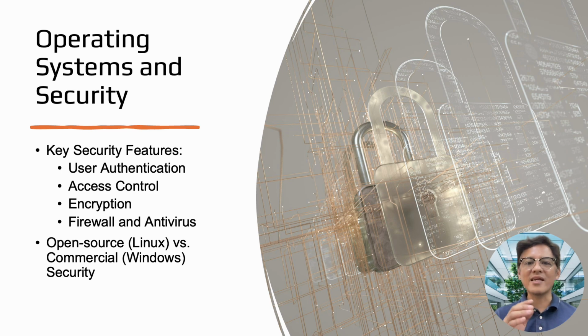Operating systems like Linux are particularly known for their security because of their open-source nature, allowing for quick vulnerability detection and patching. On the other hand, commercial systems like Windows focus on user-friendly security features to cater to a broad audience.